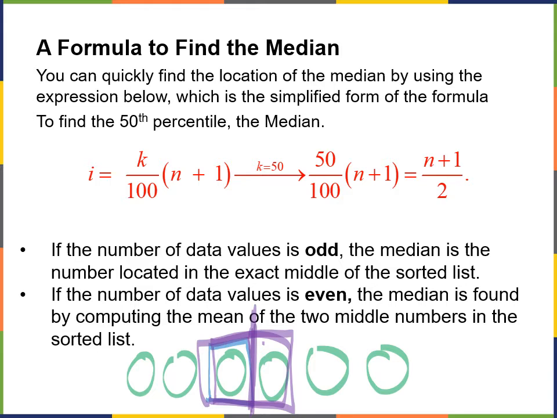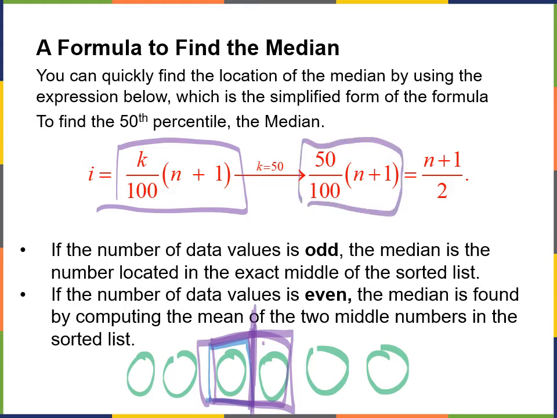We could, again, use this 50th percentile concept here, where k is 50 over 100, and n is just the number of values we have in our sample. Then we could simplify that, because 50 over 100 is 1/2. We would get this, and just count that. But again, the problem comes in that if there's an even number of data values, we have to find the 2 middle values.